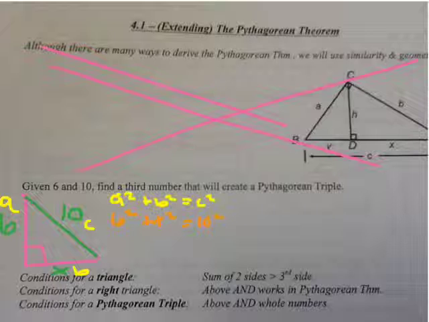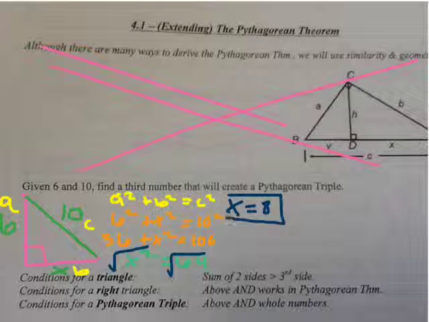Well, we know 6 squared is 36, plus x squared equals 10 squared, which is 100. You're going to subtract 36 on both sides and get that x squared is equal to 64. If you square root both sides, we get that x is equal to 8.